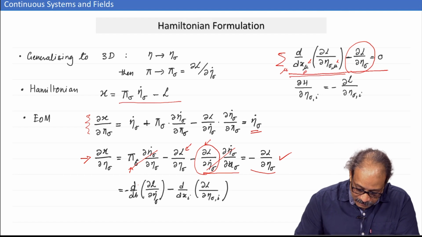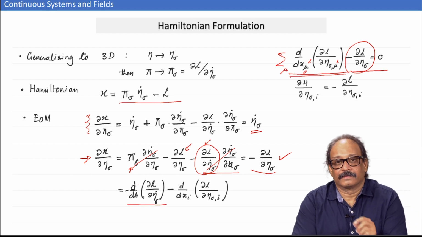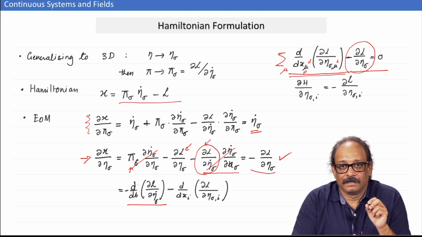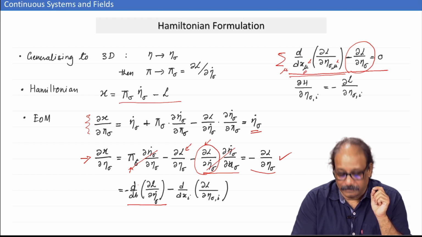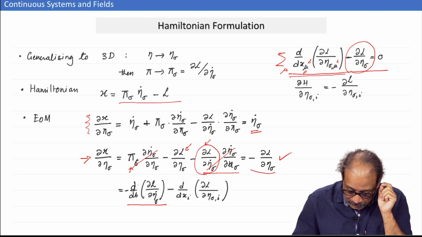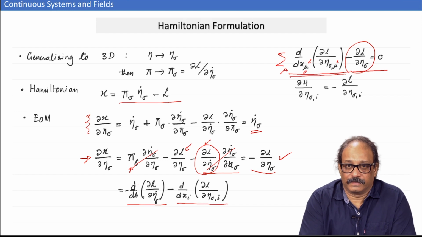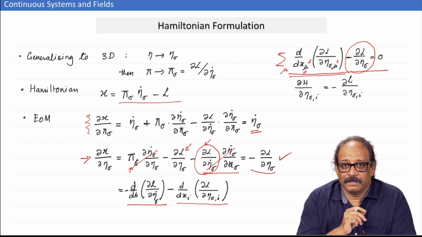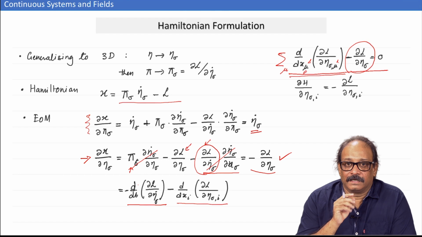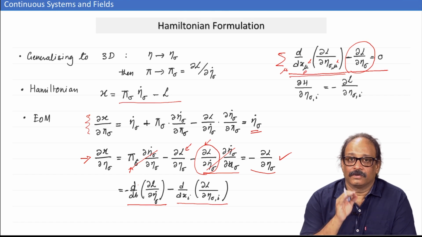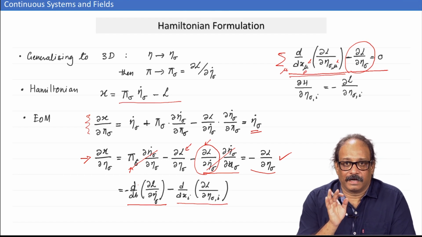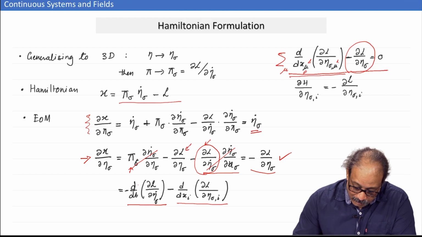So, the first term is d by dt of partial of L with respect to eta sigma dot, and then you have 3 more terms here which I have written using summation convention. So, it is d by dxi of partial derivative of L with respect to eta sigma comma I, fine.